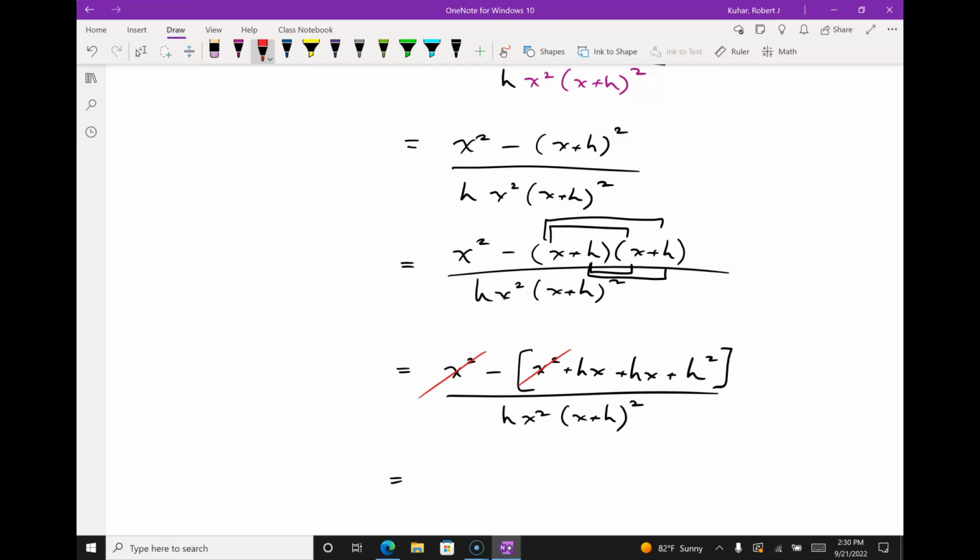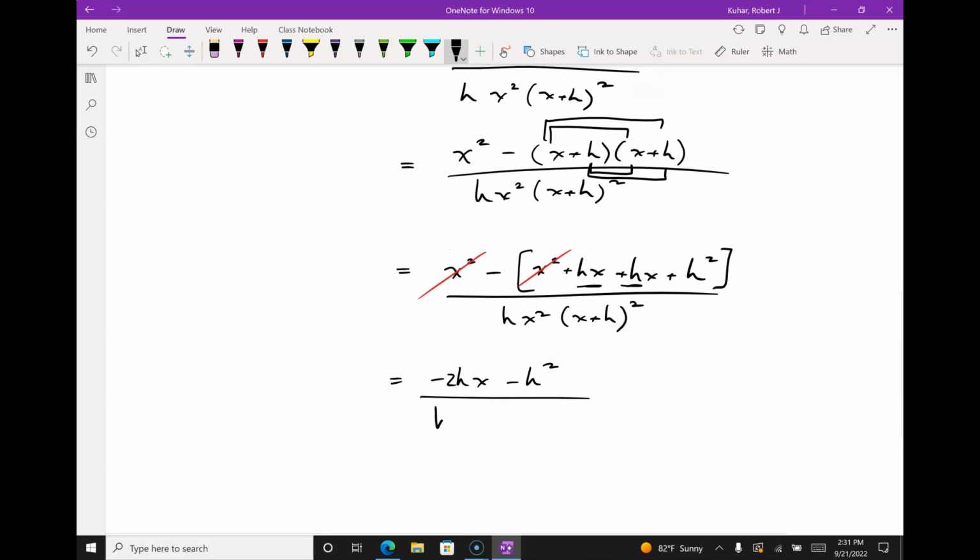And remember, I had said every term without a factor of h in it better go away. So look at what I have upstairs now. I have negative hx. Oh, sorry, negative 2hx, right? There's two of them. Minus h squared all over hx squared times x plus h quantity squared. We okay there? Make sure we're okay there.